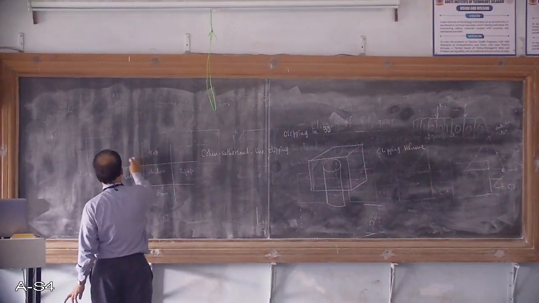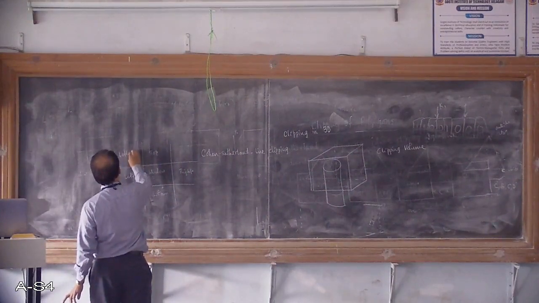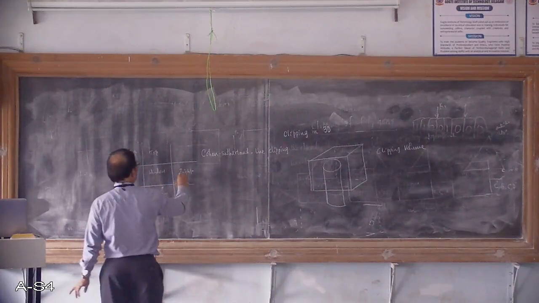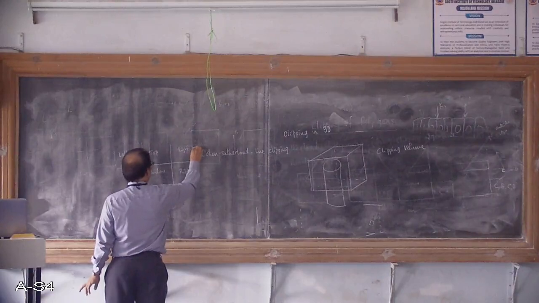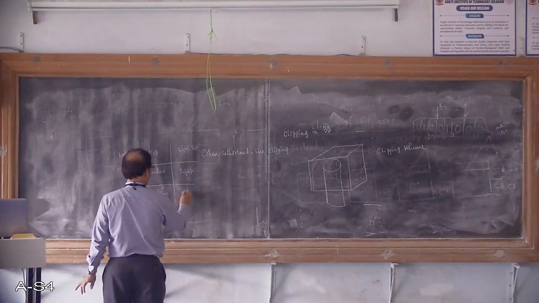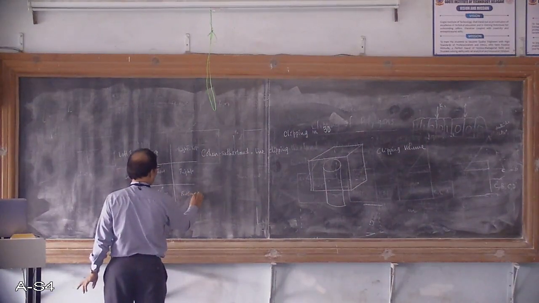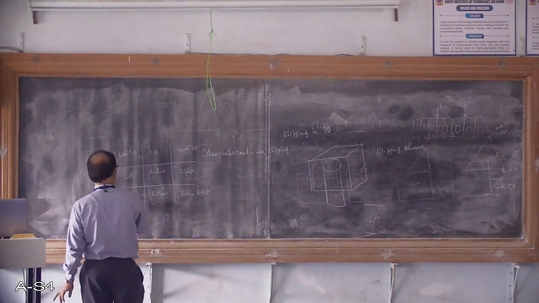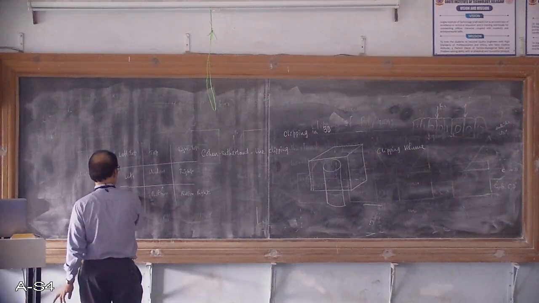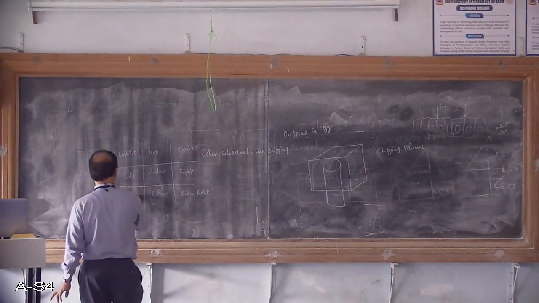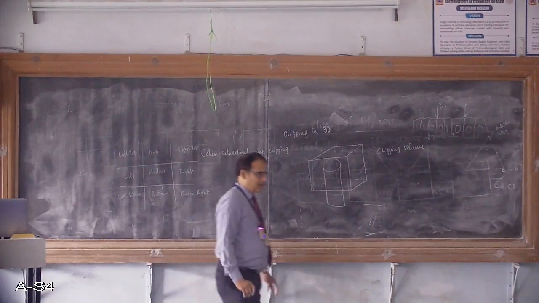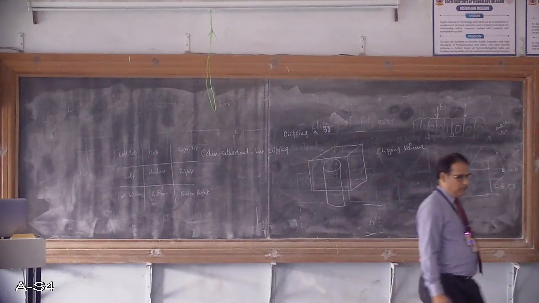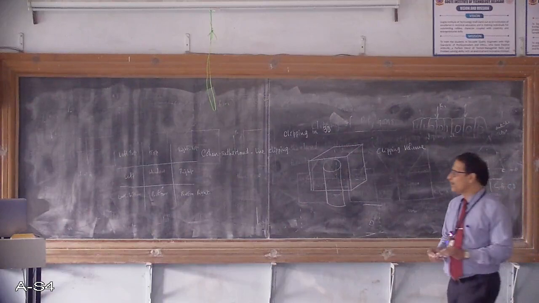You have here left top, this is right top, and here bottom right, and you have here left bottom. These are the 9 regions, and as you know, in the Cohen-Sutherland line clipping algorithm we make use of an outcode.